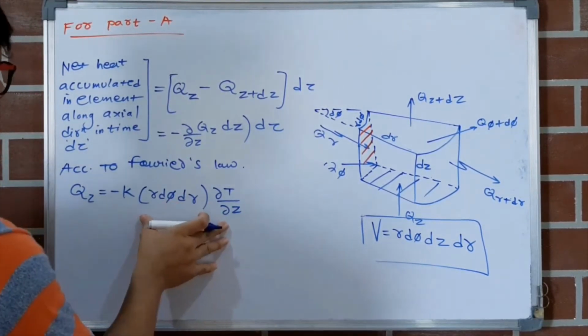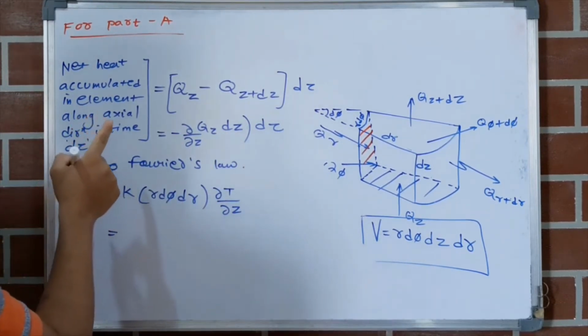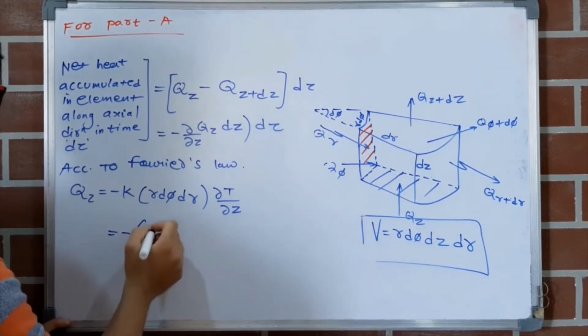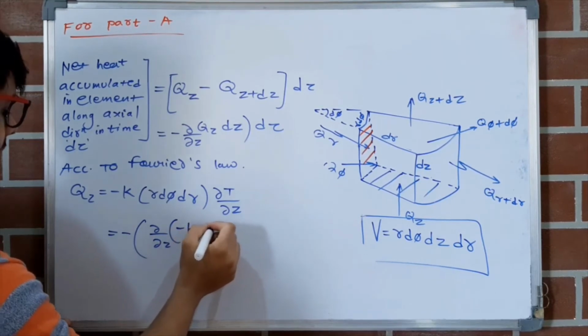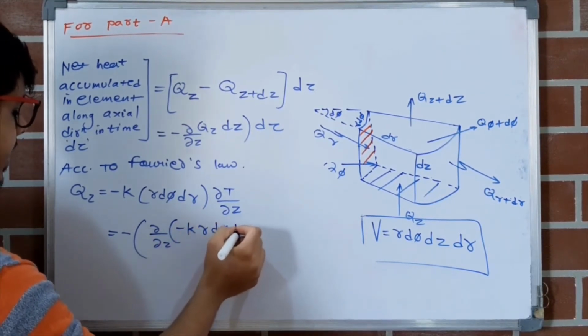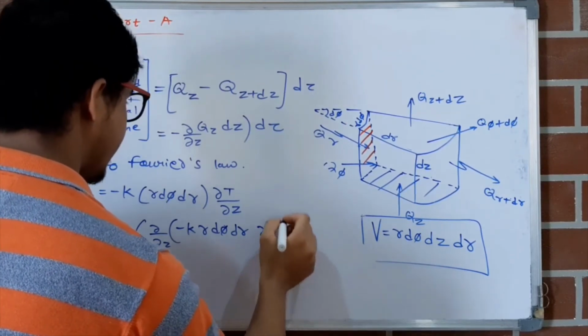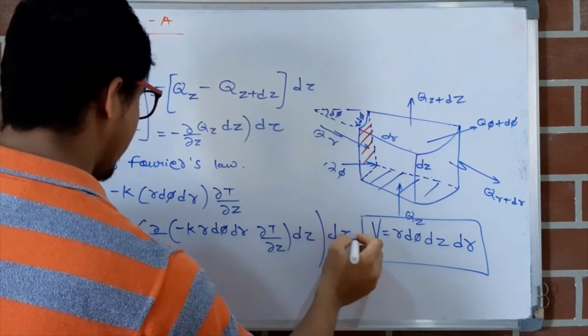So we will substitute this equation in the above. We get the net heat accumulated in the element along the axial direction in time d tau equals minus del by del z of minus k r d phi dr into del T by del z, into dz into d tau.